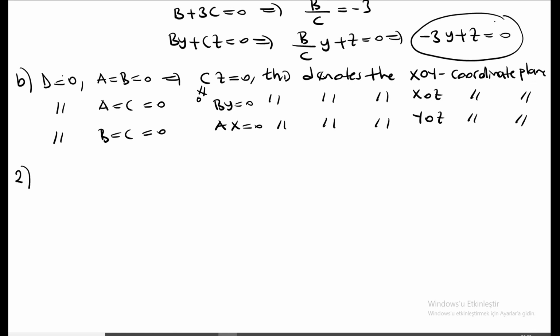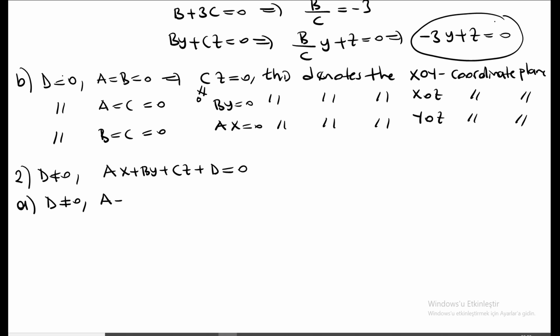So let's say, case two, D is not 0. Okay? So you have this one, A times x plus B times y plus C times z plus D equals 0. So in this case, our plane is not passing from the origin, because origin does not satisfy this equation. Okay? So let's say A is 0, again D is not 0.